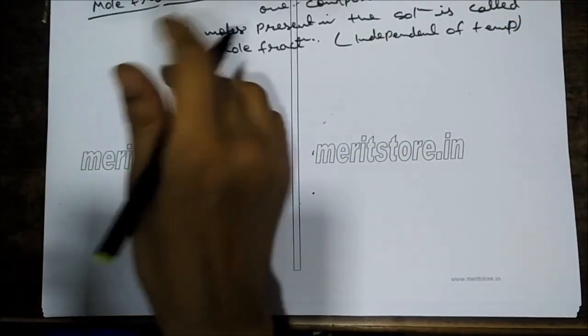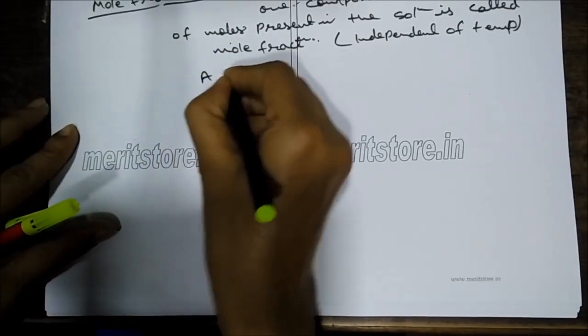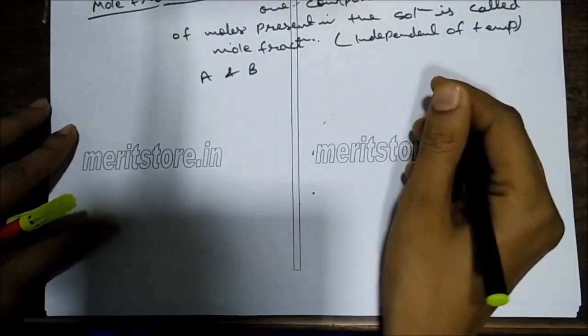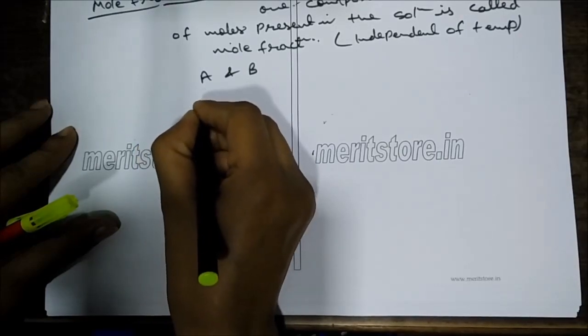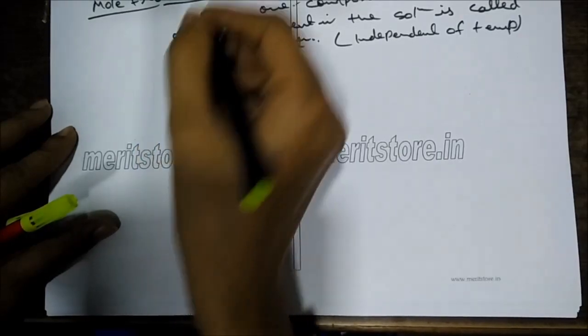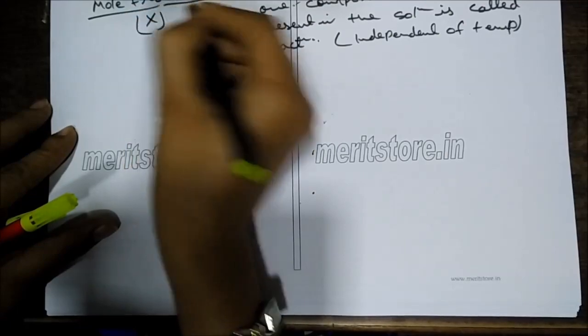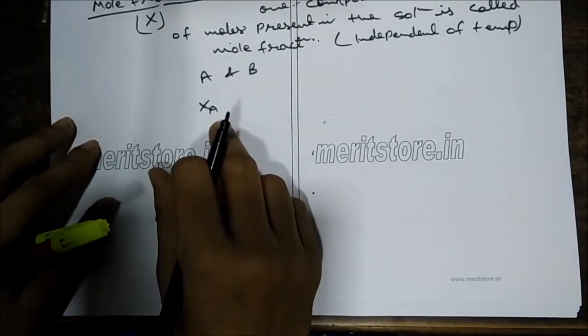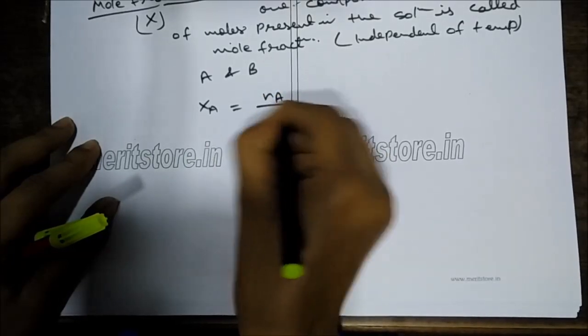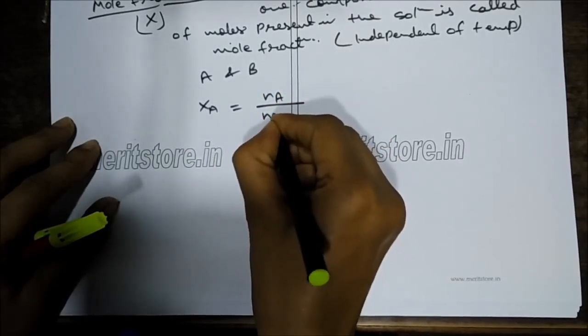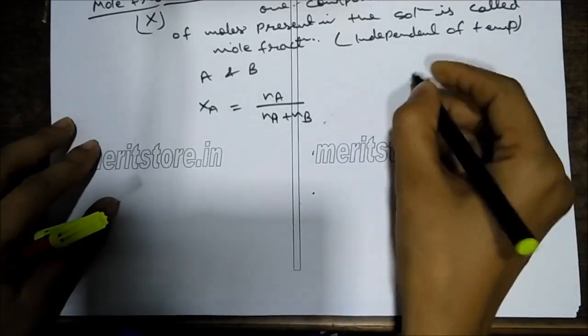If we say the components A and B are present in a solution, then the mole fraction of A, denoted by X, will be Na upon Na plus Nb.